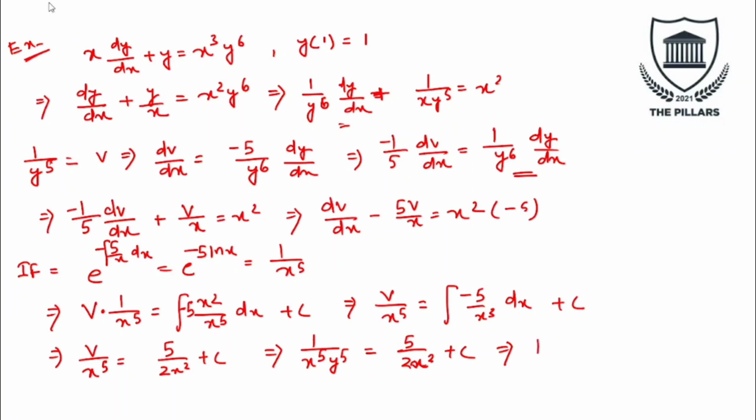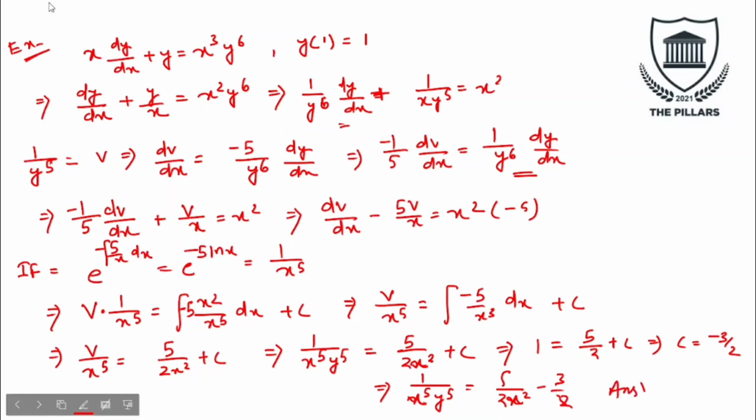So this becomes 1 is equal to 5 by 2 plus c. Now by taking this term to this side, we will get c is equal to minus 3 by 2. And the final solution we get is 1 by x to the power 5 y to the power 5 is equal to 5 by 2x square minus 3 by 2. This is the answer.